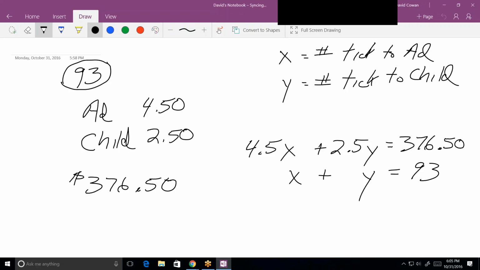If you're going to use substitution, then you got to solve one of these equations for one variable. Now, I could make x equal 93 minus y, and then substitute, and then solve that. And maybe you're right. That might be the best way to do it. Or I could multiply the bottom equation by minus 2.5 and eliminate y. I kind of like that better. I'll show you. I think it's a little bit easier.